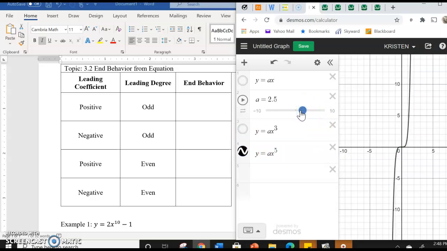So we can summarize our end behavior: as x approaches negative infinity, this is my left arrow, my y is pointing towards negative infinity. My right arrow is still pointing towards positive infinity.